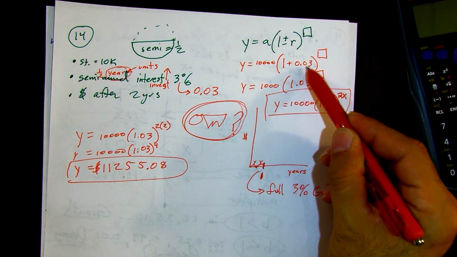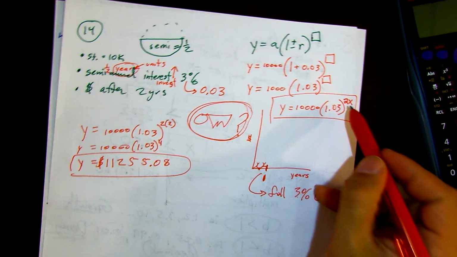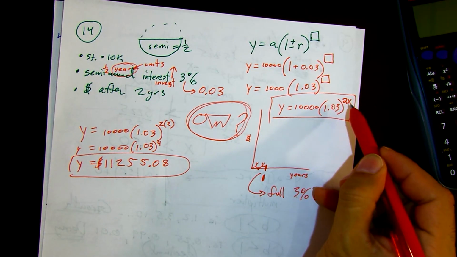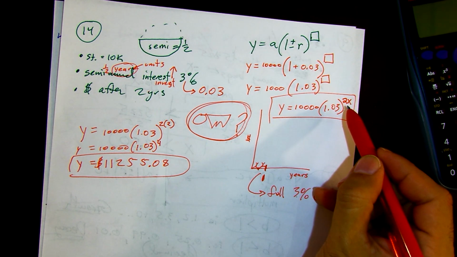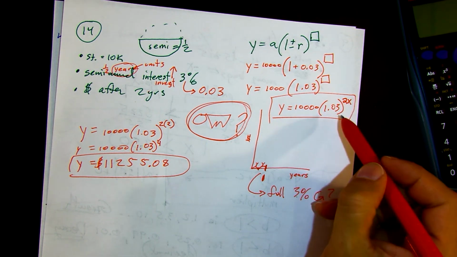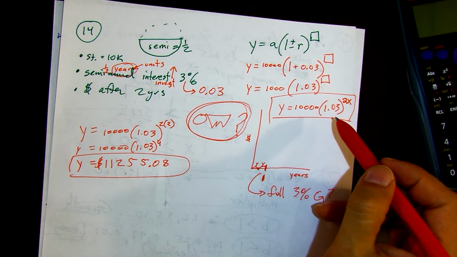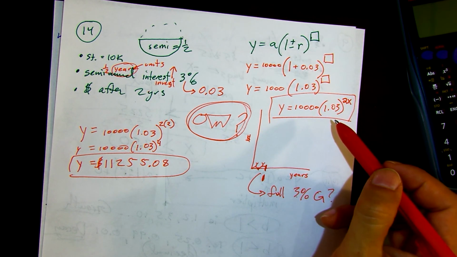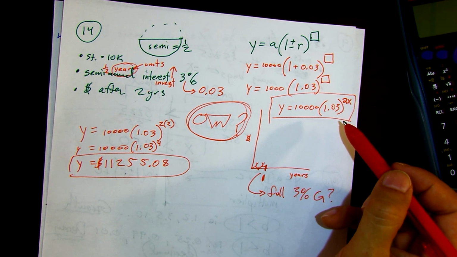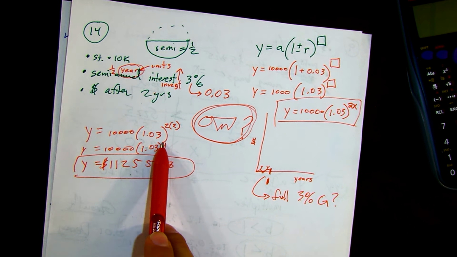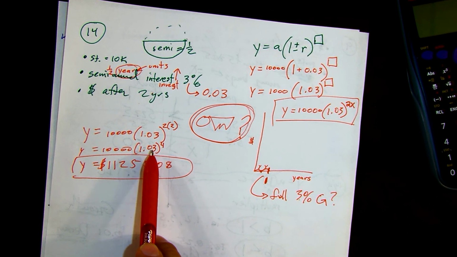Okay, Marco, what did you get? So I think what you did wrong was instead of putting a 0.6, put 0.3. Since it's 0.3 for half a year, 1 year, it would be 0.6, right? Well, the rate we would put in as 0.3, and we accommodate it being the growth every half year by putting the 2x.